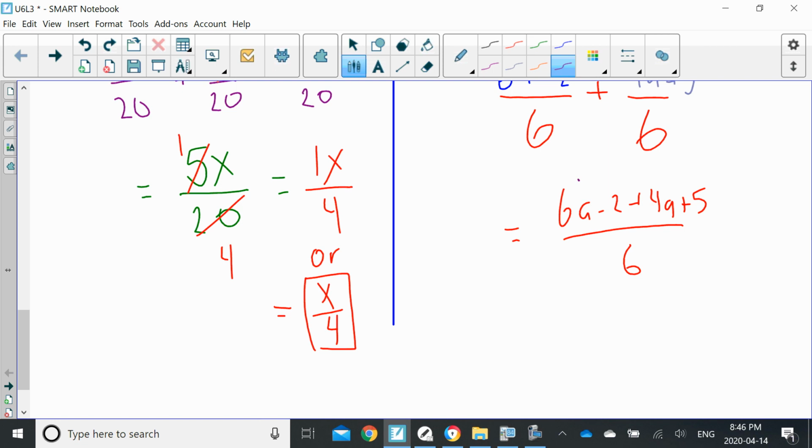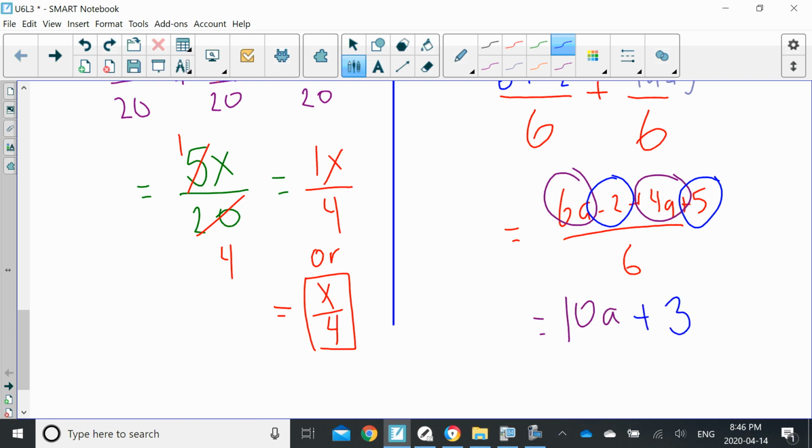My like terms would be an a and an a. So 4a and 6a gives me 10a. And then negative 2 plus 5, those are my other like terms. The numbers by themselves are constants. So negative 2 plus 5 is positive 3. And that's all over 6.